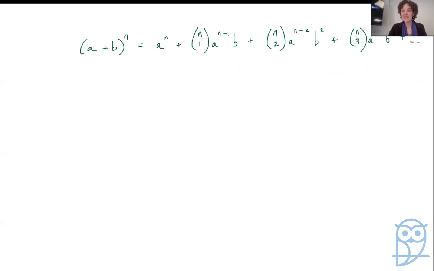You can see this is not a short way of doing things. There are a lot of elements here that you need to remember.